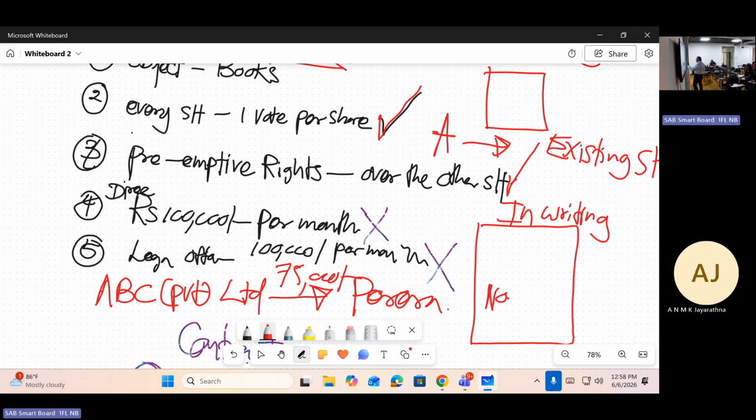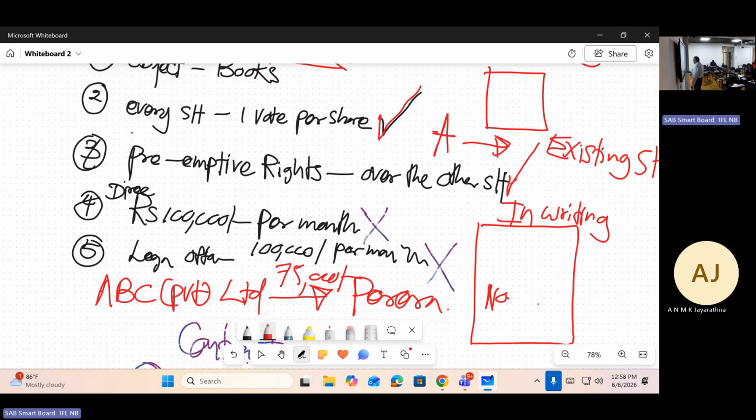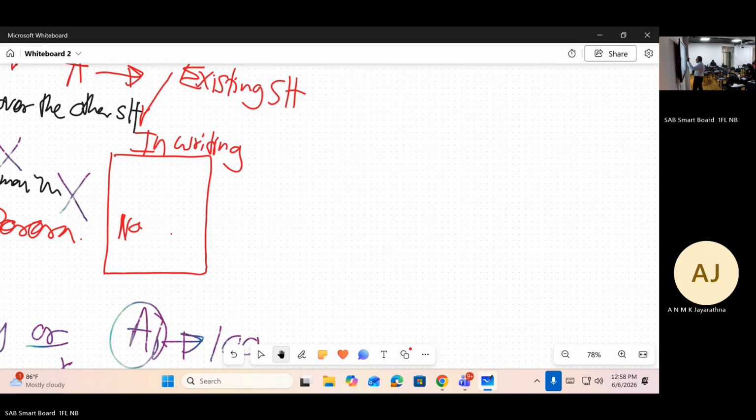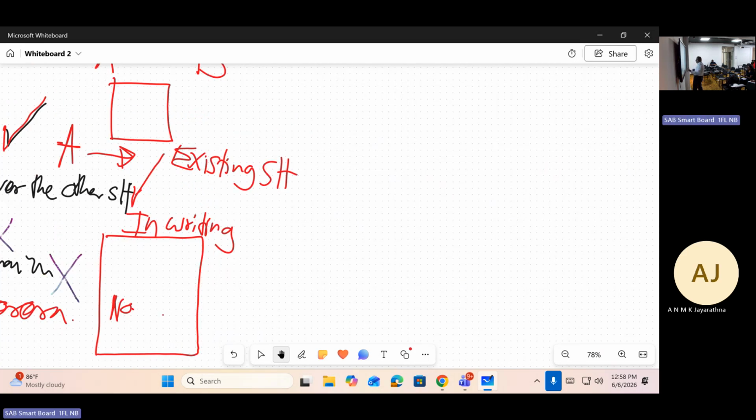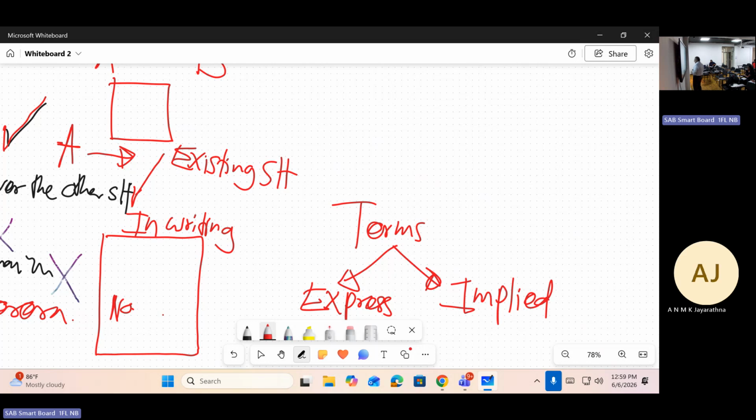Now in a contract we can identify there are two types of terms: express terms and implied terms.